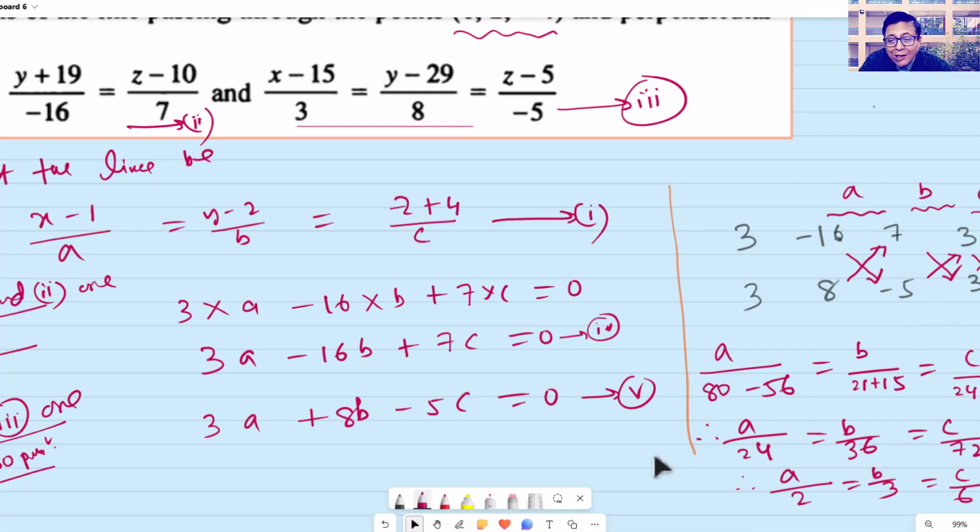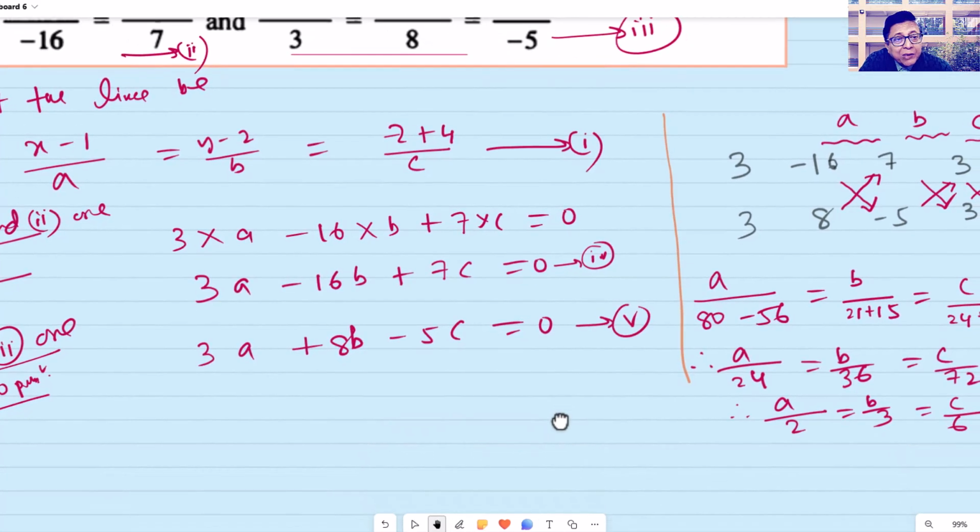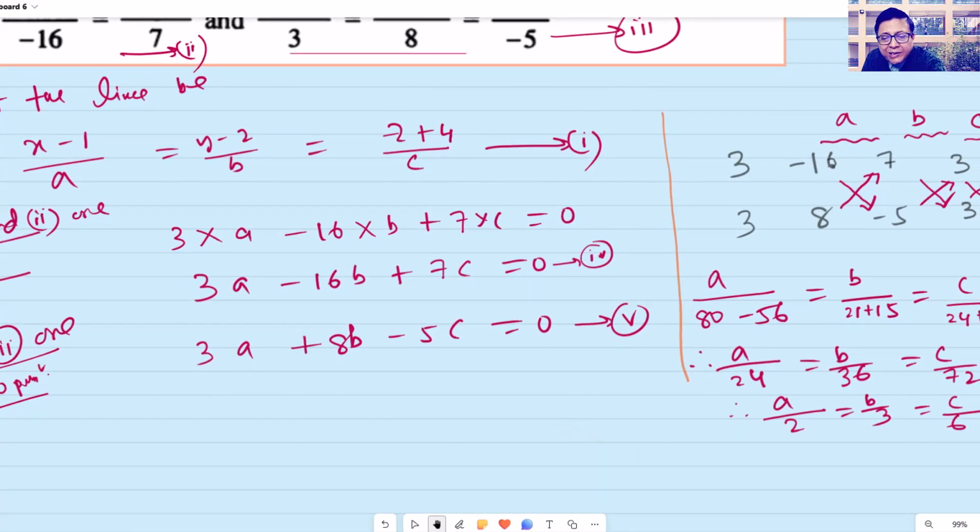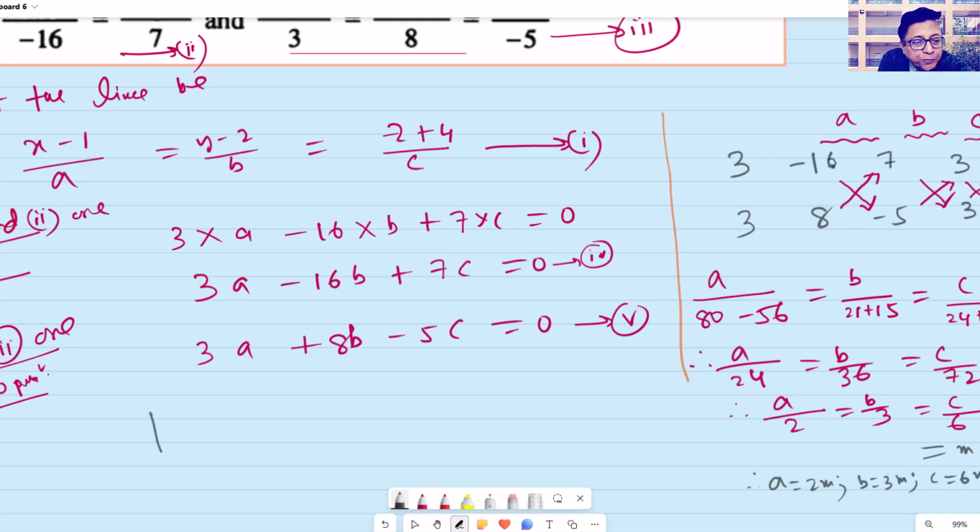Why have I told this? Because once you get ABC, then you can compare. You compare with M, a scalar. Then A is going to be 2M, B equal to 3M, C equal to 6M. So from 1, what do you get?